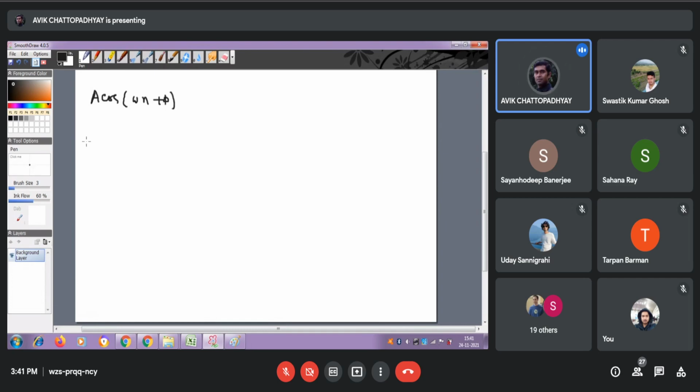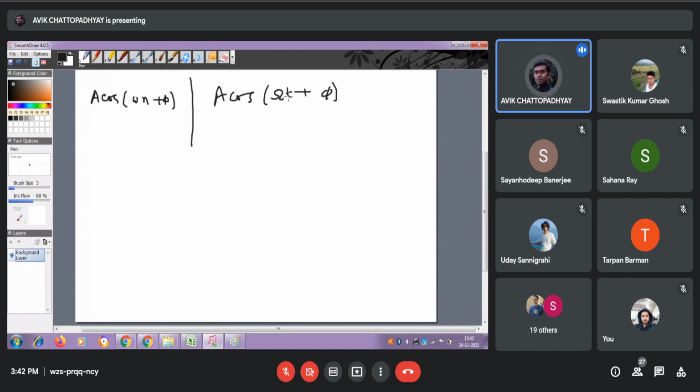Now, just imagine how we obtained such a signal. Suppose the analog signal, what is the analog signal? Actually, its analog counterpart was originally, suppose, A cos omega t plus phi. This was the original analog cosine signal.